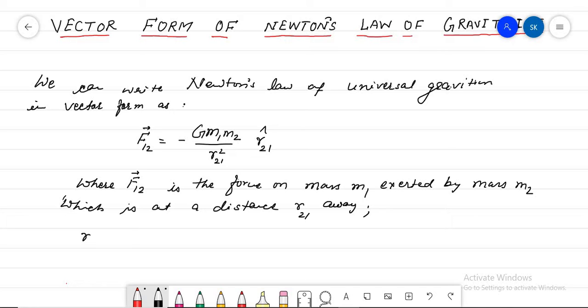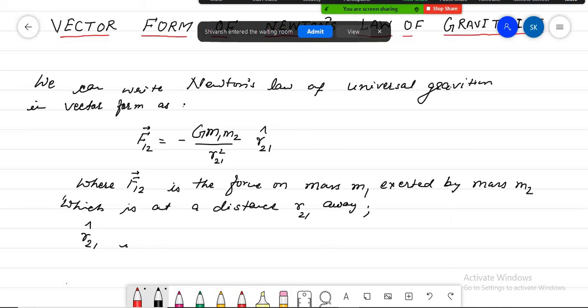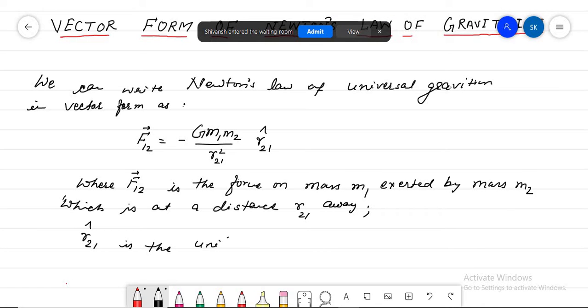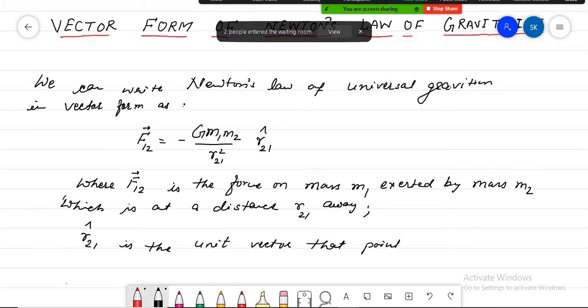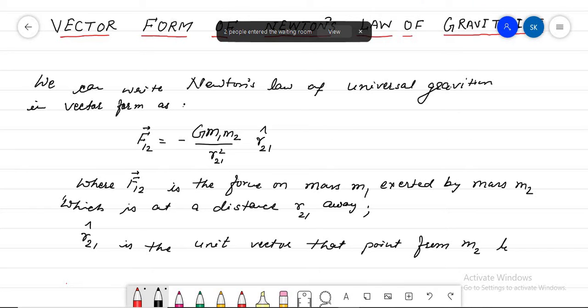This R21 I am going to write here, and the cap of this R21 is the unit vector that points from M2 to M1 along the line joining their centers.